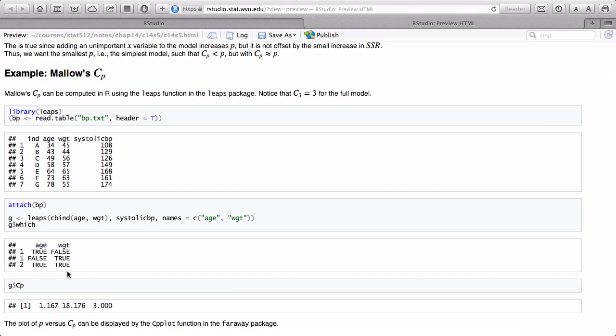So what are the corresponding CP statistics for this? It's 1.167, 18, and 3. Well, that 3 is P. In other words, C sub 3 is 3. That's the full model. That's always true: C sub P equals P. In other words, if I had 4 predictors plus the intercept, P would be 5, and C sub 5 would be equal to 5.